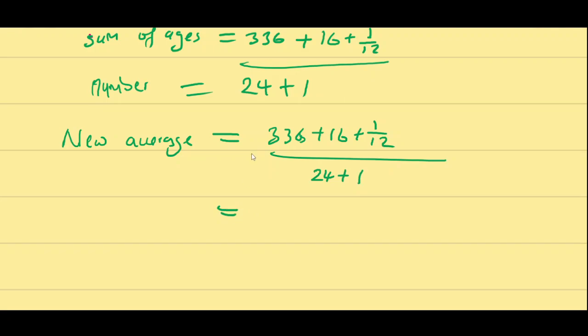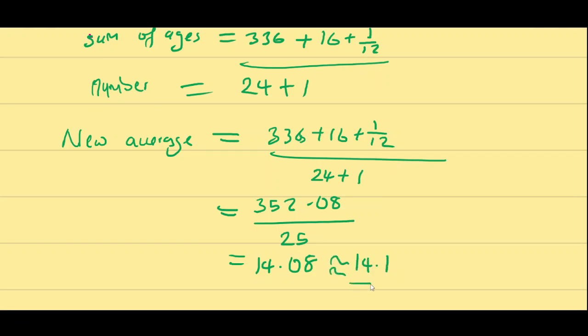So this is equal to 336 plus 16 plus 1 over 12, which gives us 352.08, divided by 25. That is our new sum of the ages. Now if you divide this number by 25, what we'll get here is 14.08, or we may write approximately 14.1. So 14.1 is the new average age of students in the class.